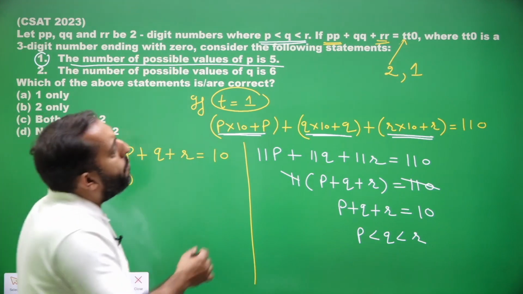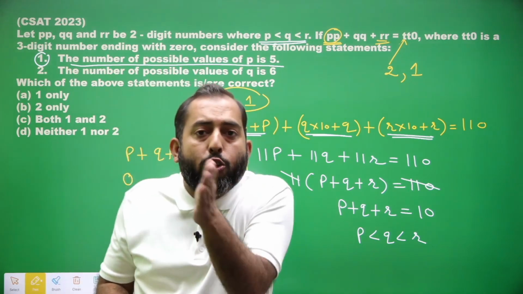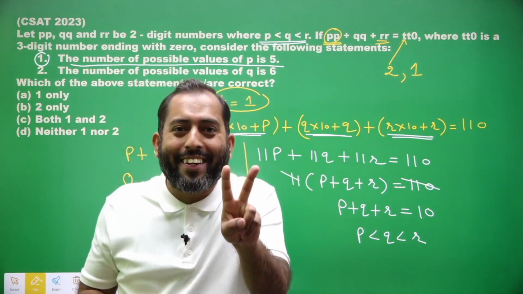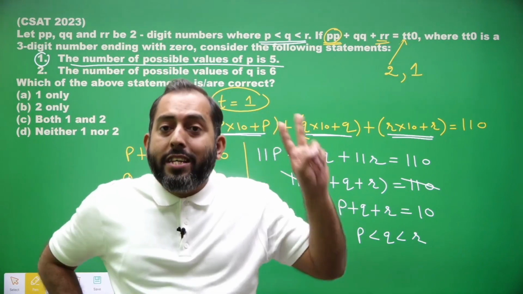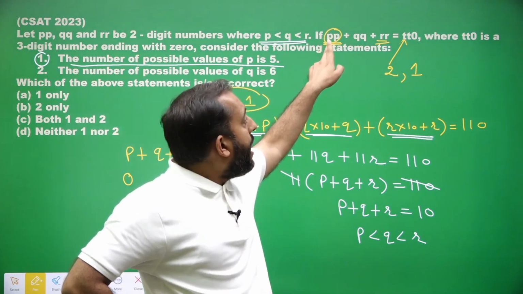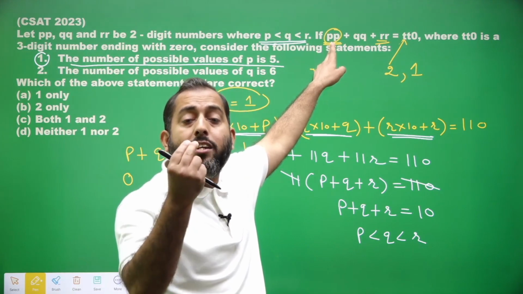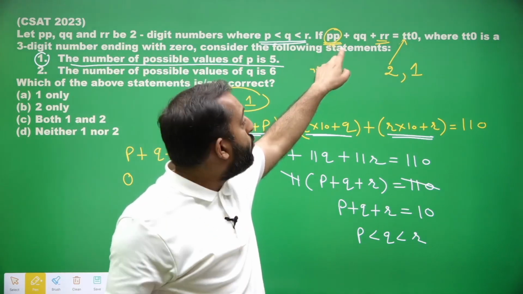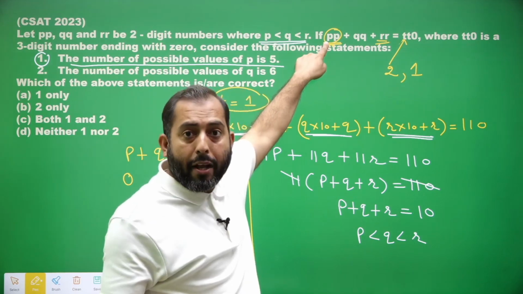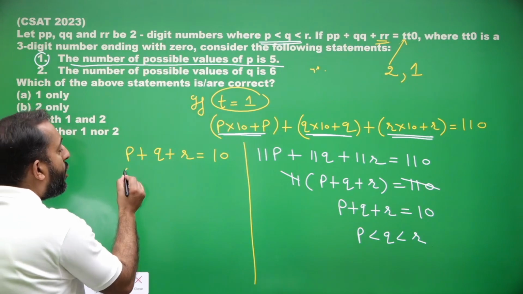But if P is 0, then PP, which means 00, won't be a 2-digit number. If PP is a 2-digit number, then there has to be some value more than 0 in the tens place of PP. So the minimum value of P cannot be 0, it should be 1.